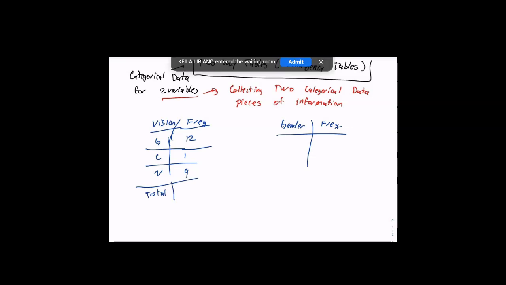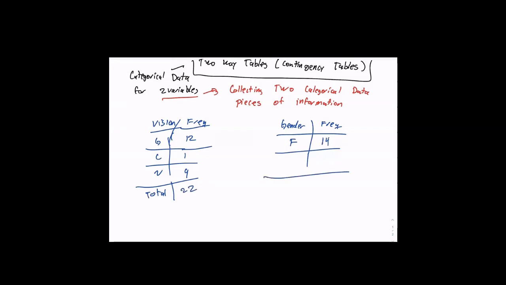We have 23 students in here. Actually, we're going to have 24, but we're going to keep this number at 22 as before. So for females, we have 14, and because the total is still the same count as before, for males, how many males does there have to be based on there being 22 students in class? I know there's 24 here today, but based on this, how many males would be in this collection of data? 8.